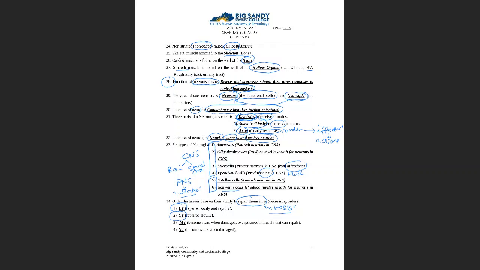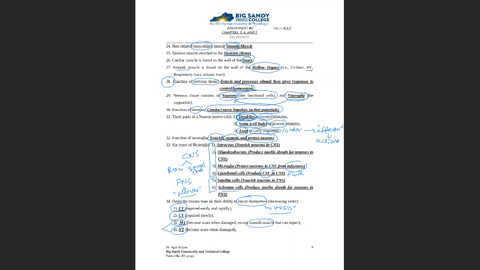If your bone is broken, it can be repaired. Maybe it takes about 4 months to repair the bone. Okay, so connective tissue has the ability to repair. Muscle tissue and nervous tissue mostly cannot be repaired except the smooth muscle. Smooth muscle is still able to repair.